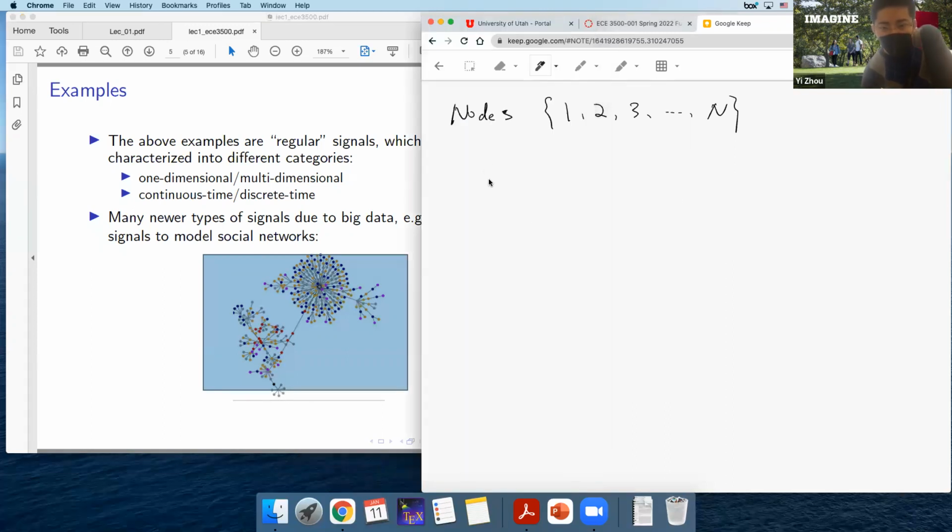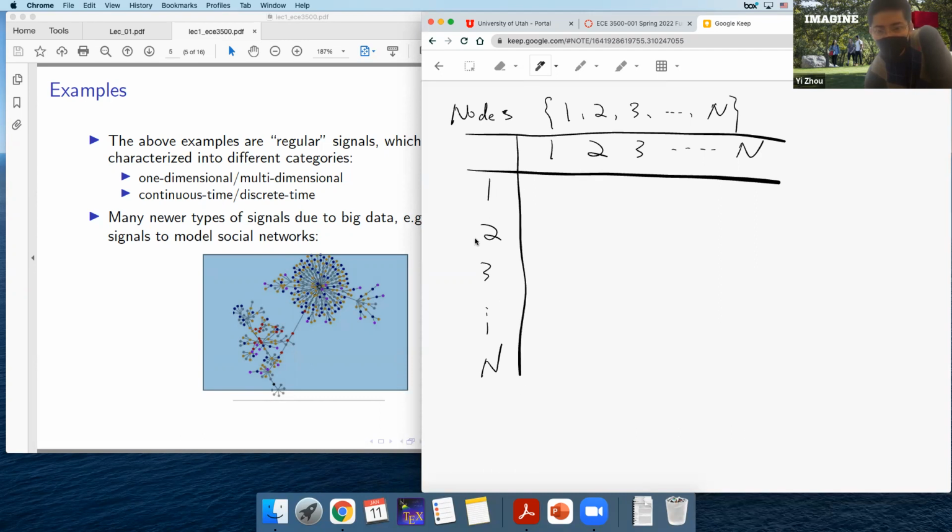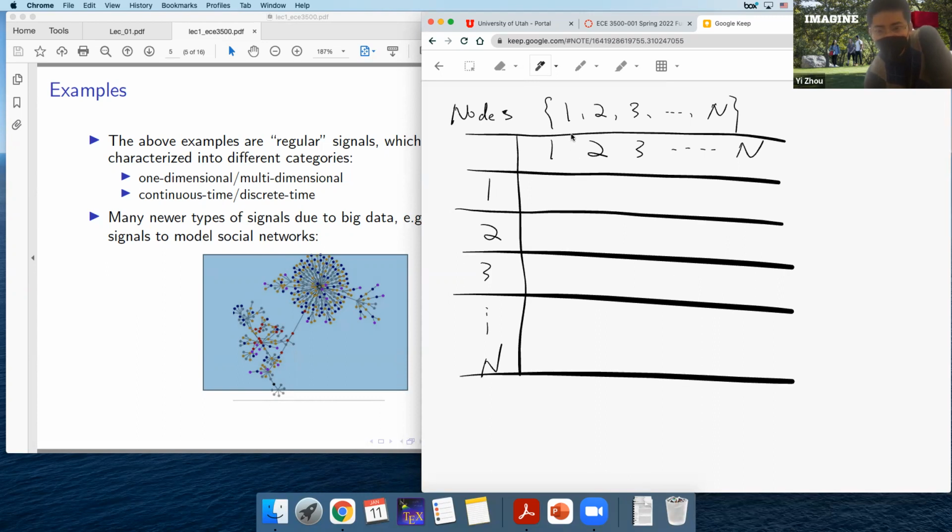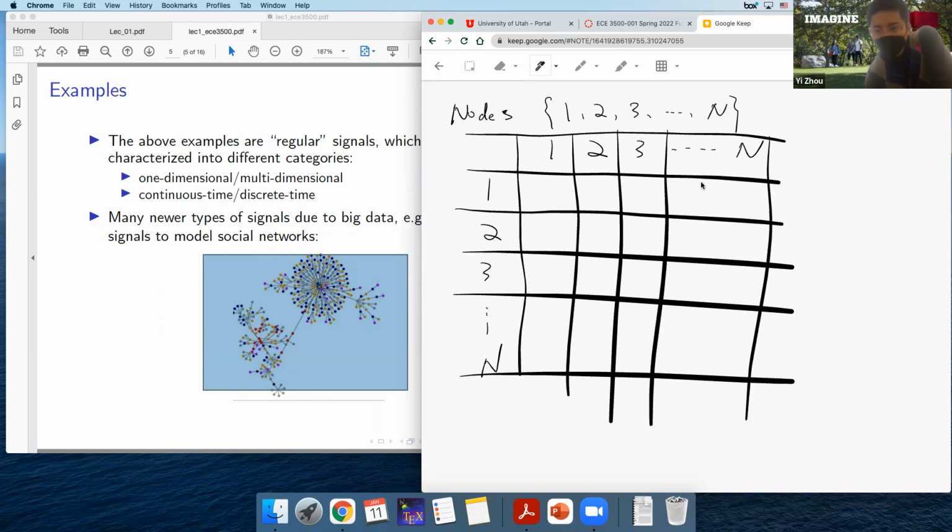So we can just generate a two-dimensional table. The idea is that this table will list all the possible pairwise connections among the nodes.